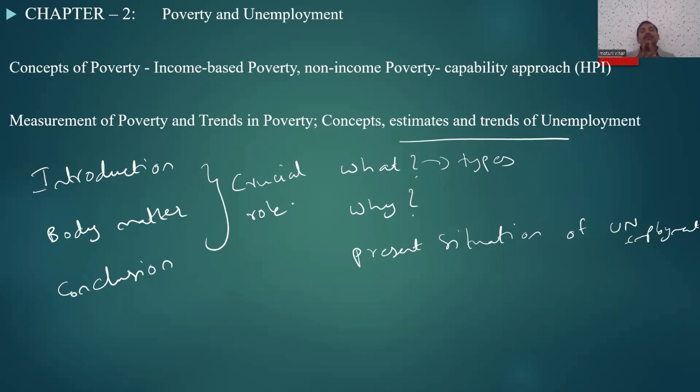So you need to focus and minimize the time, and practice in a way that you write a perfect answer in minimum time, not maximum time, because we need to attempt all the questions. Okay, that's the fact.